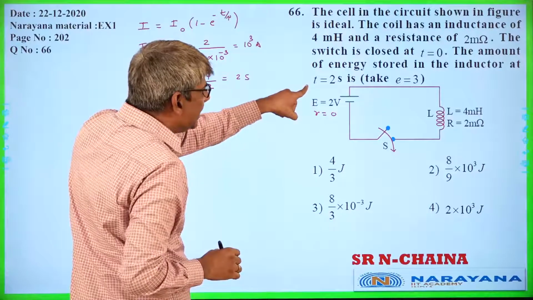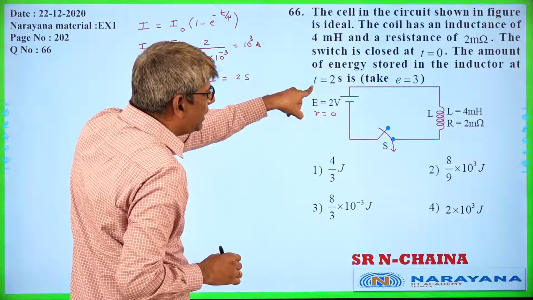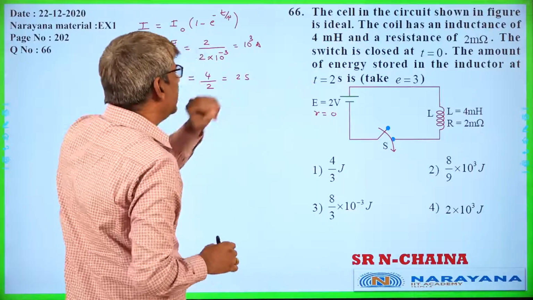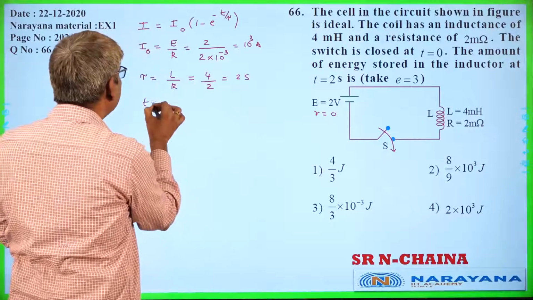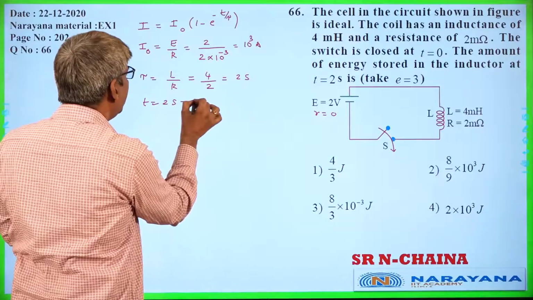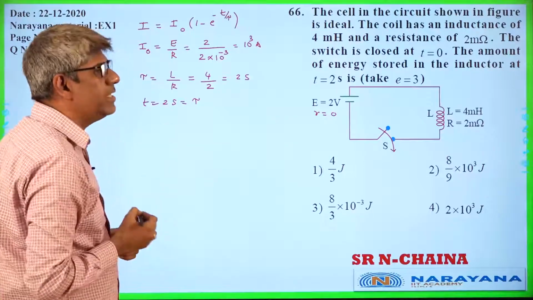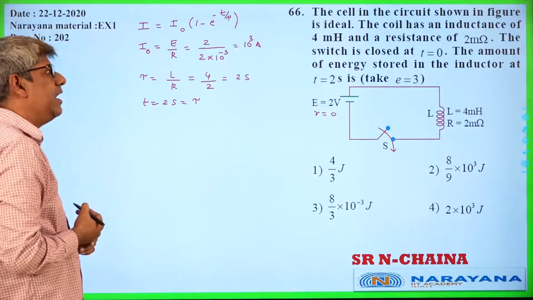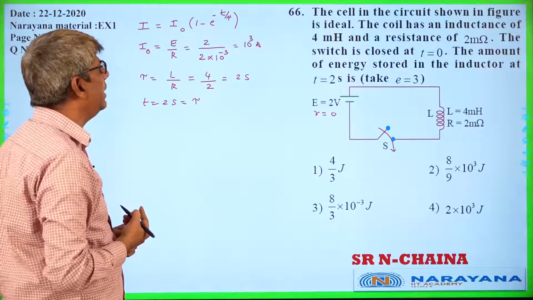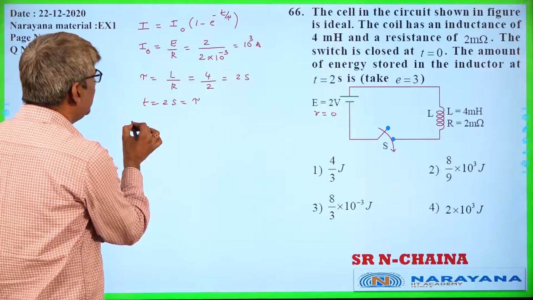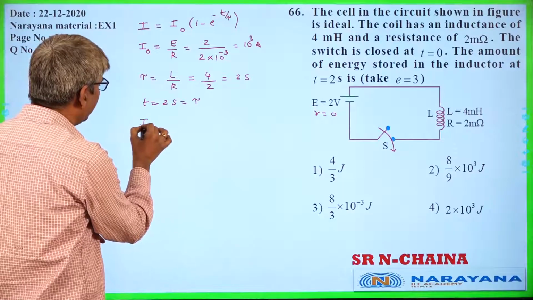Now the instant of time is given as 2 seconds. T is also equal to 2 seconds, which is equal to the time constant. That means after one time constant, what is the energy stored in the inductor? First of all find the current.